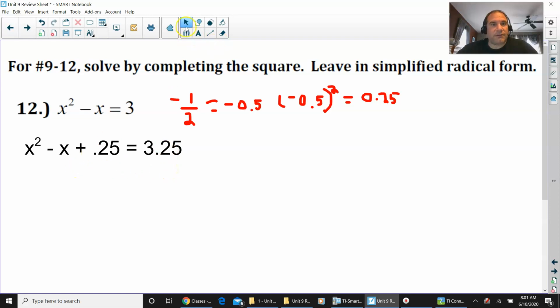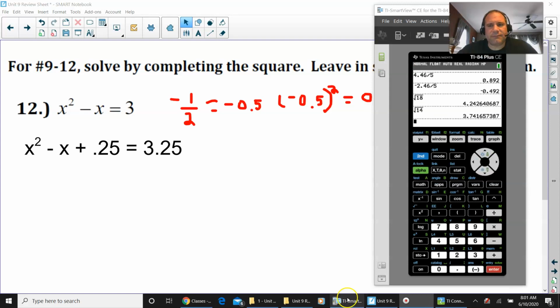So now you have to look for what times what equals 0.25. Since I don't know that, I am going to just take the square root of 0.25 and see if that works out. It does.